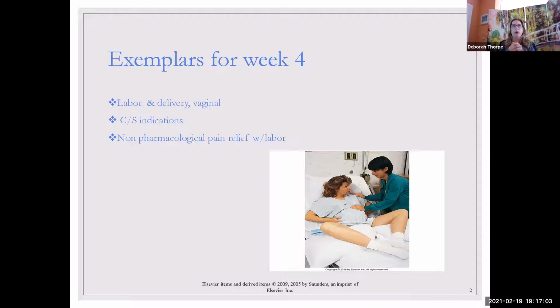And then we want to talk about pain relief in relation to what someone's feeling while they're in labor. A little bit carries over to a C-section, but in the pain PowerPoint, they talk about the non-pharmacological pain relief in labor also. So I'll direct you to that as we go.